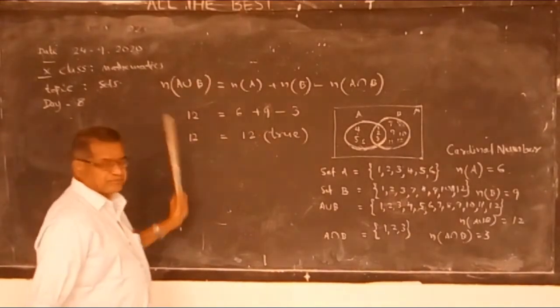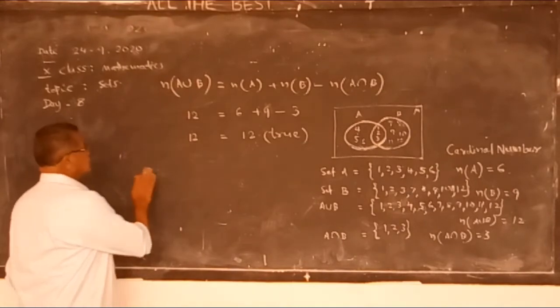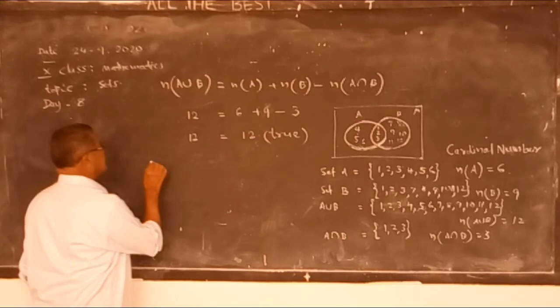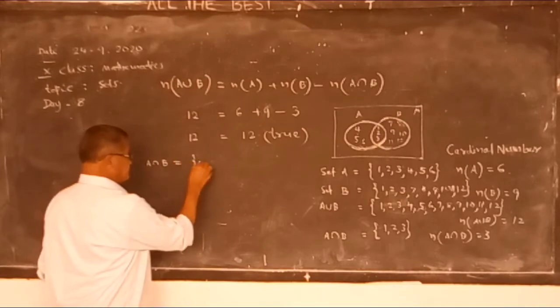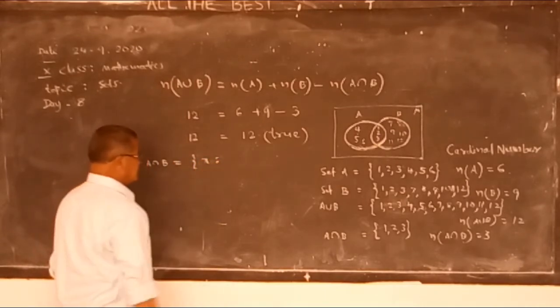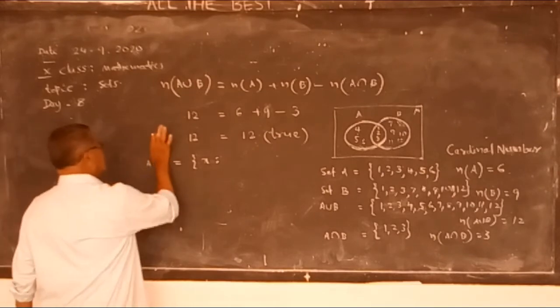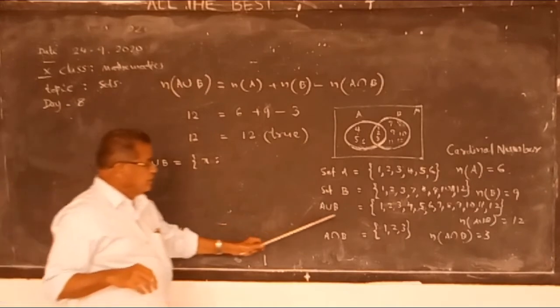Two sets. See, let us express union in set builder form. First write A union B. In A union B, take one element.